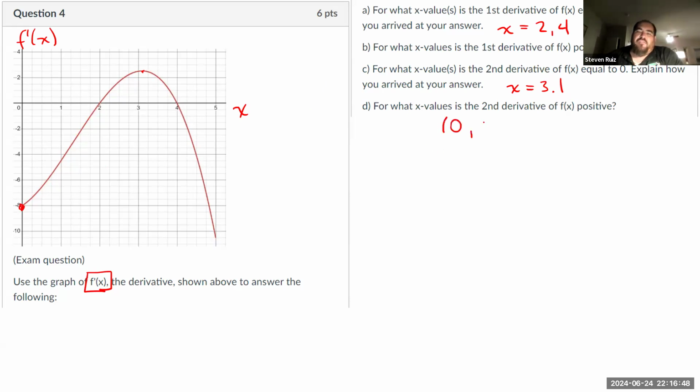So that's going to be a closed or open interval from 0 to 3.1. That could actually include 0. Looks like it's increasing at 0, or positive at 0. But I've noticed that many of you answered this question as if this is the graph of f, and that's going to throw your answers off quite a lot.